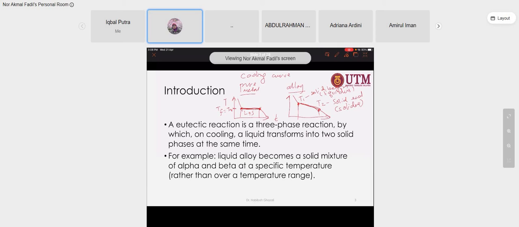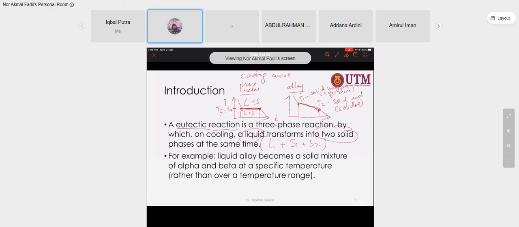However, for the eutectic reaction, a three-phase reaction means it involves two solids and the liquid. For this one, it is liquid and solid. But this one involves three phases, which is liquid plus solid 1 plus solid 2.